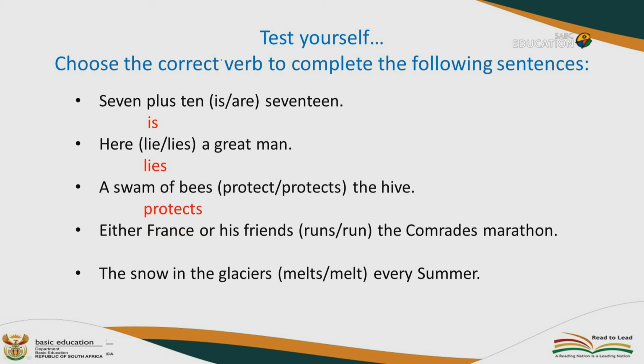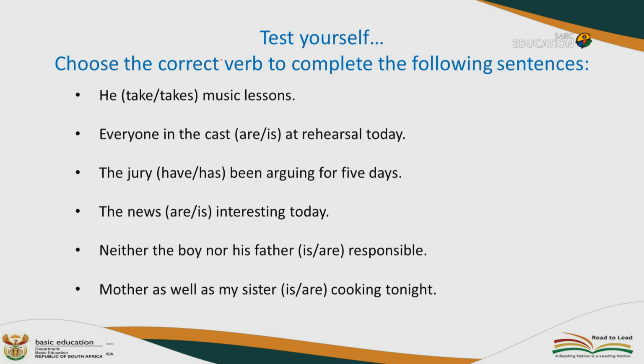And then, which means that you say protects. Now, either Franz or his friends. Because friends is right next to the verb, it means that its proximity determines the verb run. The snow, which, remember I told you that snow is a substance we cannot count. So we regard it as a singular subject, which is followed by a singular verb.